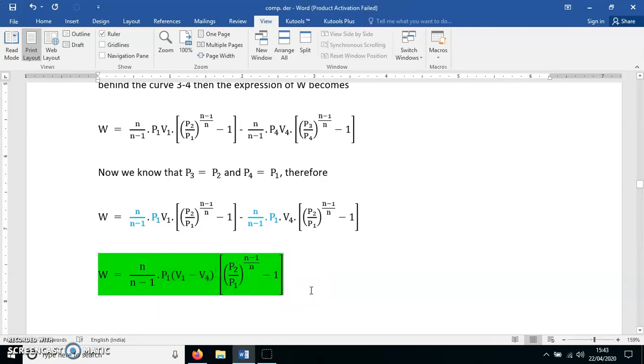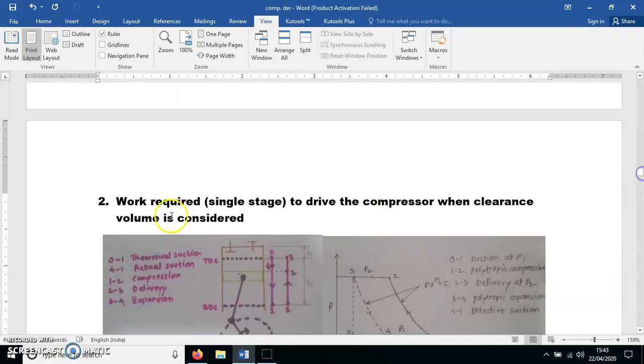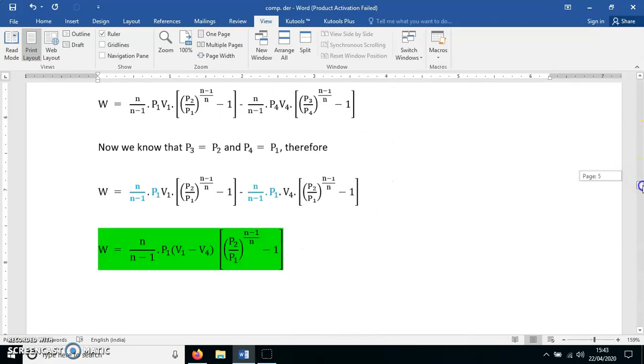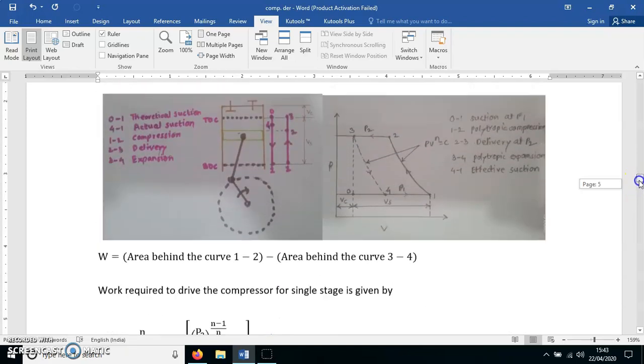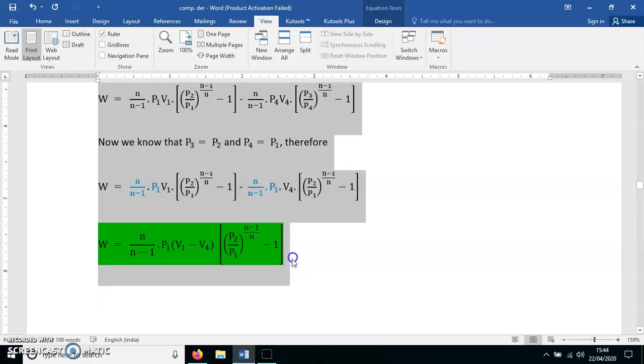The derivation is the same. Now, there may be a confusion in the student's mind. If the derivation is asked for the work required to drive the compressor when clearance volume is considered, do we have to derive only this much? No. You have to first derive the expression we saw in the last lecture for when clearance volume is neglected, and from there onward you have to draw this figure and start from this to arrive at the final expression.